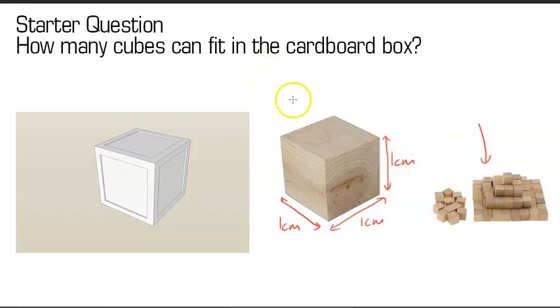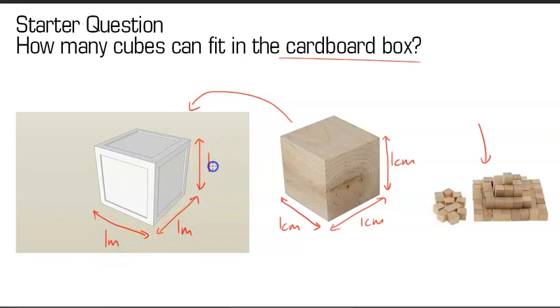Now, this does segue into volume. It does say cardboard box within the question, but I couldn't find a picture of a cardboard box on Google Images, so I've used this image here. This right here is a box that is 1 meter by 1 meter by 1 meter.